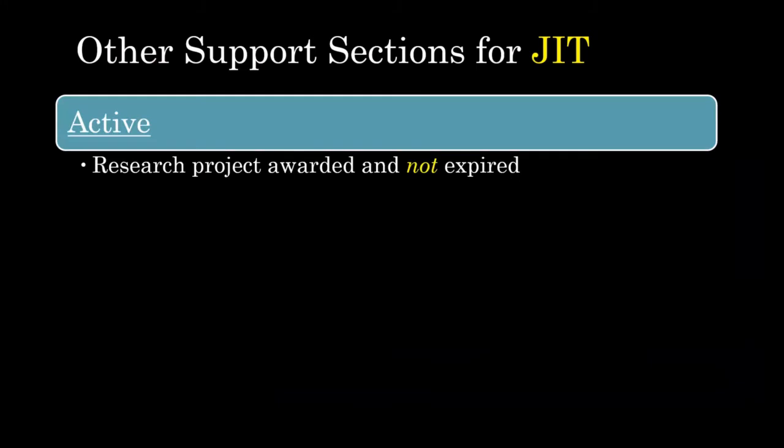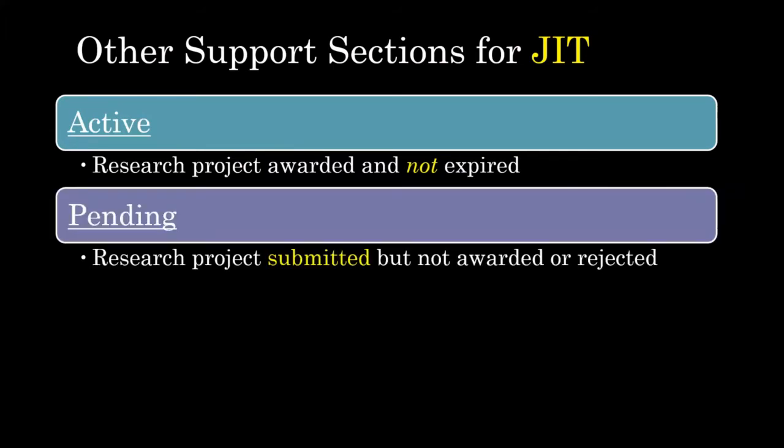Okay, so let's review other support at the just-in-time phase. Other support sections for just-in-time include active, research project awarded and not expired, pending, research project submitted but not awarded or rejected, and again, always confirm with the PI on what's truly pending.